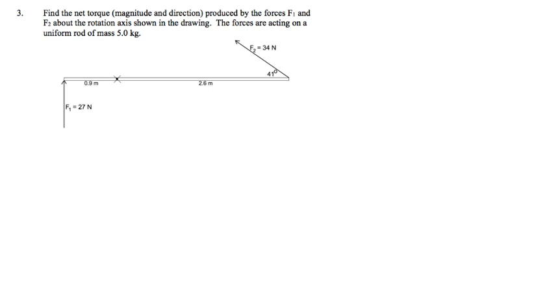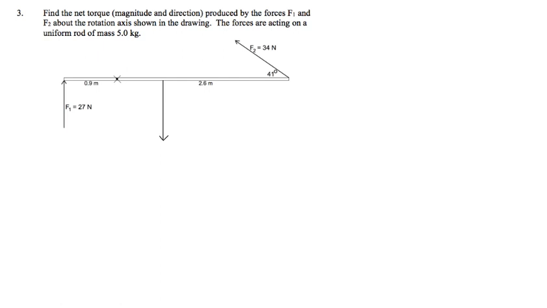And the weight of the rod, since it's a uniform rod, is going to be located at its geometric center, right in the middle. It's 5 times 9.8, because all of these are newtons, so I want the weight, not the mass.